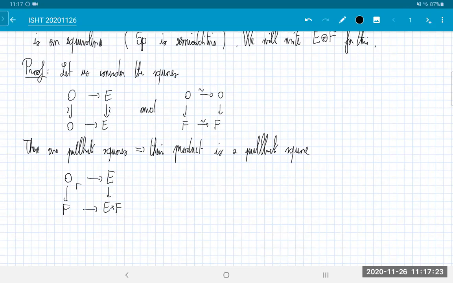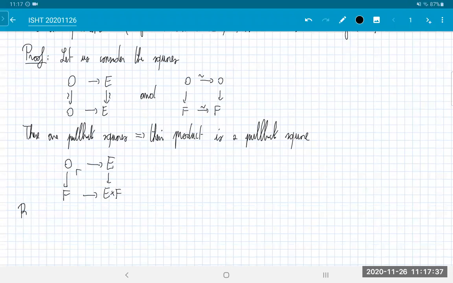Because products of pullback squares are pullback squares. If you want, products commute with pullbacks, that's just a statement about limits commuting with limits that we've used several times. Yes. But by stability, it is a push-out square.